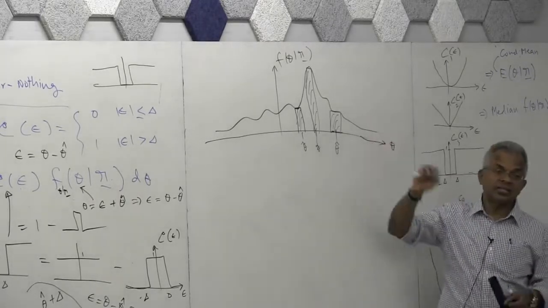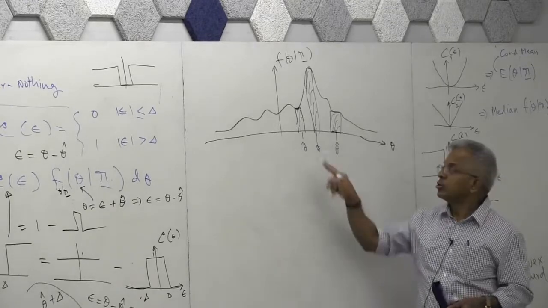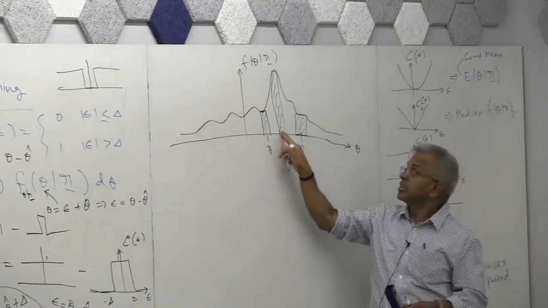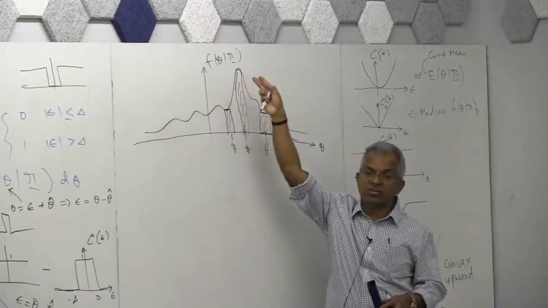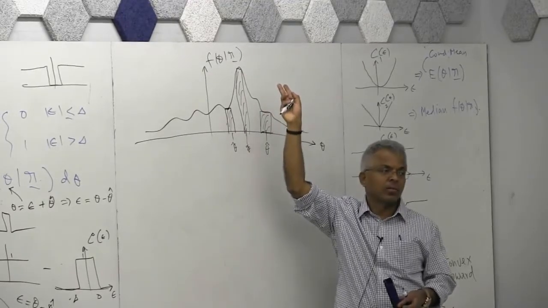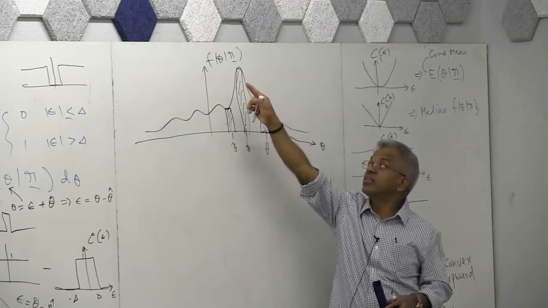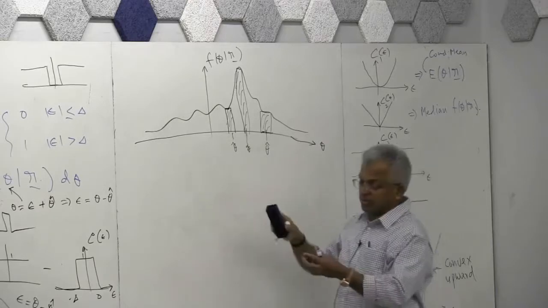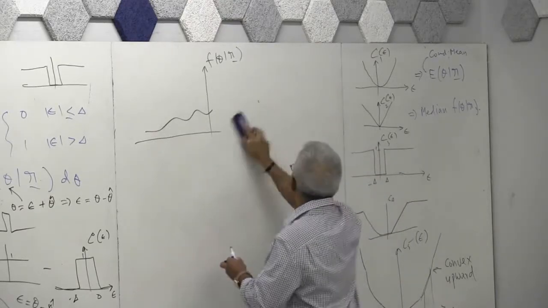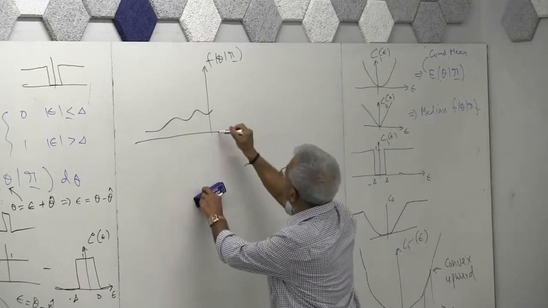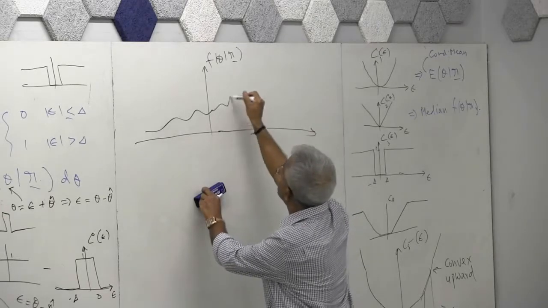So you can clearly see that you should pick theta hat wherever this density function peaks, the maximum of this density function. Let me redraw all this. You may have a density function like this.